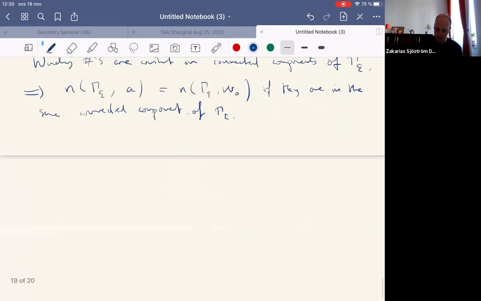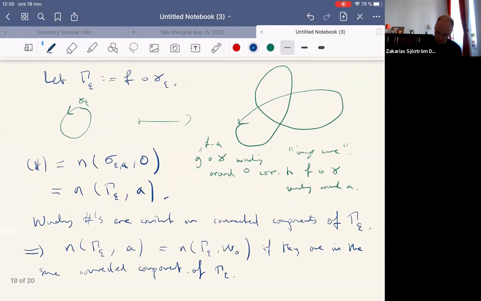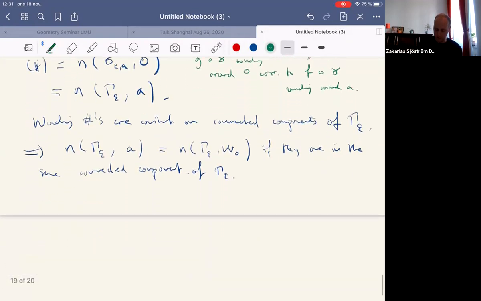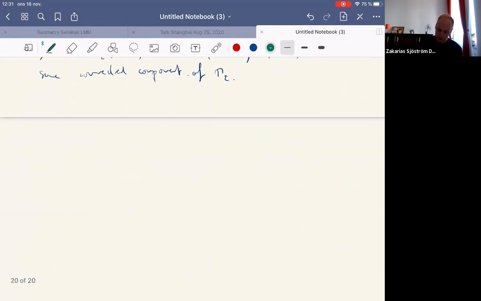But we can always arrange that this is the case, because, so the end of the proof is just this: if W0 is here, then we can take a small disk such that this one is inside some connected component, and then for any of these A inside here, all of this argument will hold.